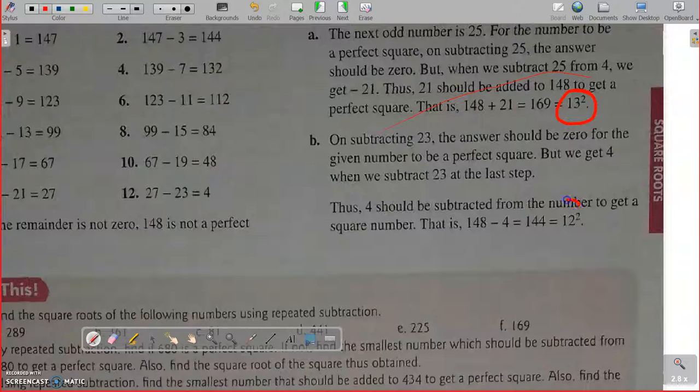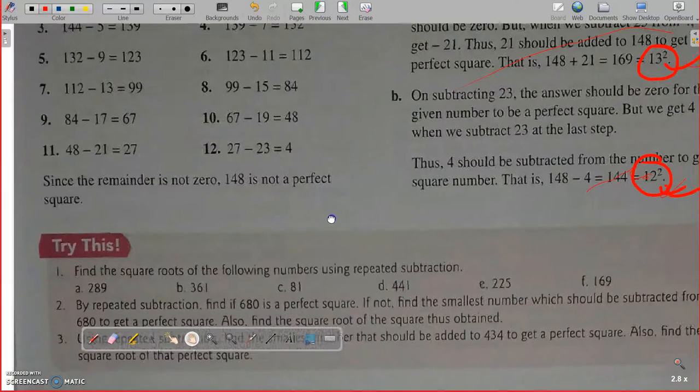And on subtracting 4, we will get 12 square. Both are square numbers. So both are answers. It is not that 13 square is the answer or 12 square is the answer. While adding, we get the bigger square, that is 13 square, and while subtracting, we get the smaller square, that is 12 square. Clear? Okay. Yes.